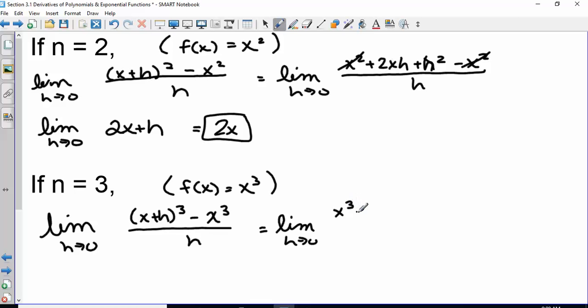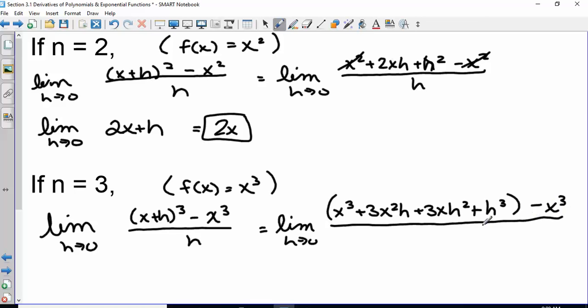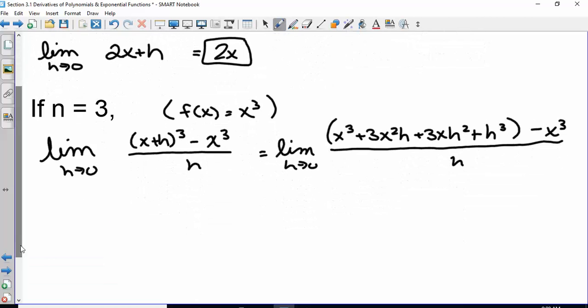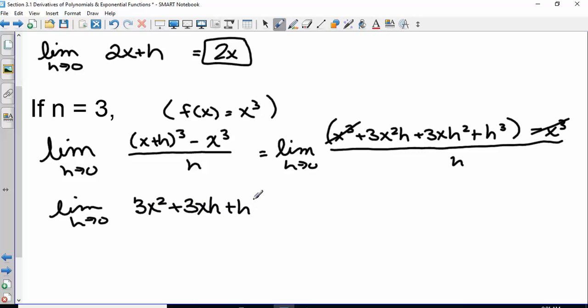Okay, so that's x cubed plus 3x squared h plus 3xh squared plus h cubed. And then we still have that minus x to the third. So then what happens? X cubed cancels. So then everything that's left has an h, so we can reduce that. So we get 3x squared plus 3xh plus h squared. If you plug in 0 for all of your h's, what do you get?